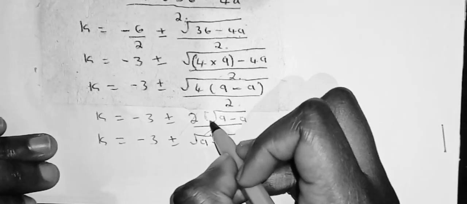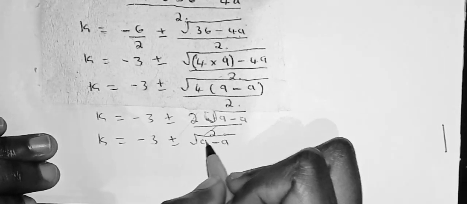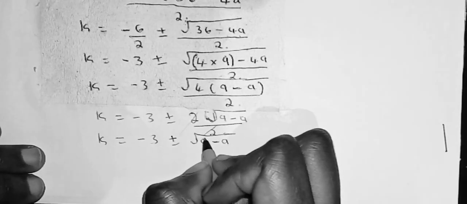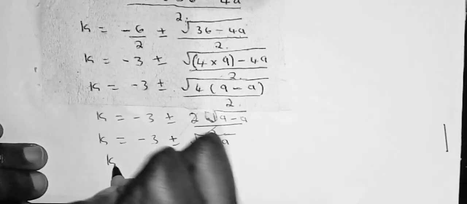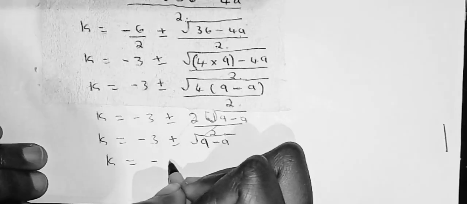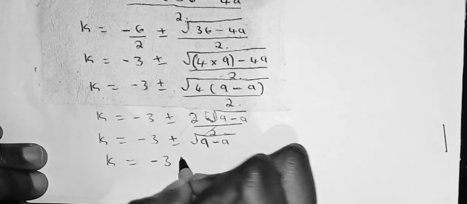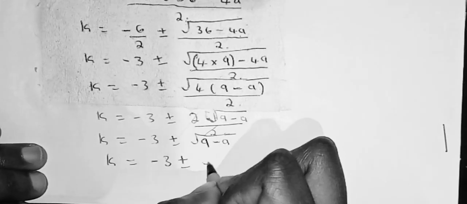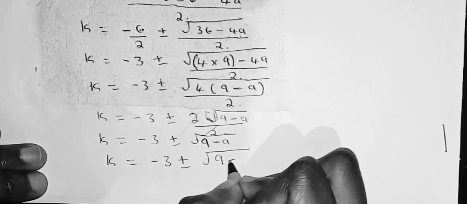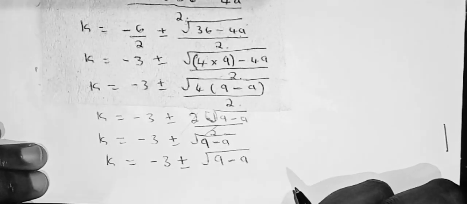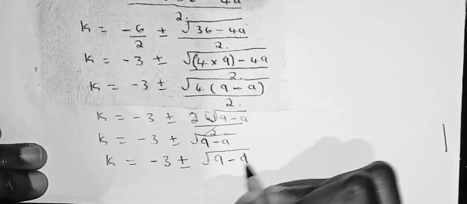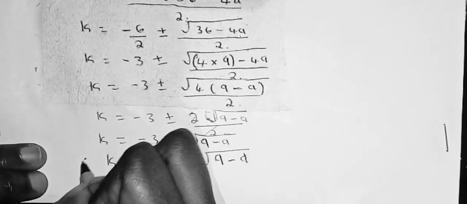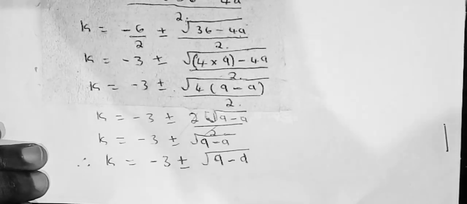So the final answer, when we write these things in terms of a, is negative 3 plus or minus the square root of 9 minus a. This is how you're going to write it.